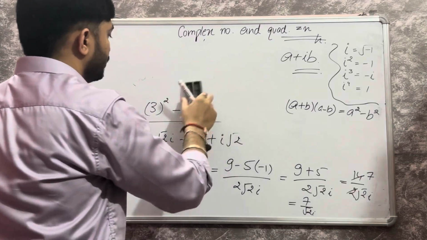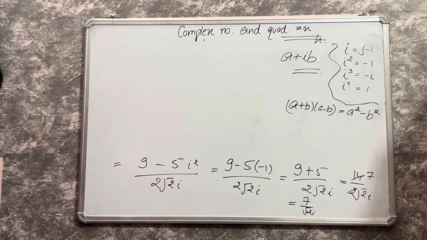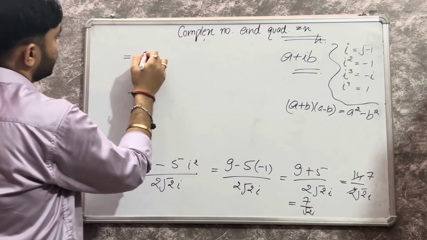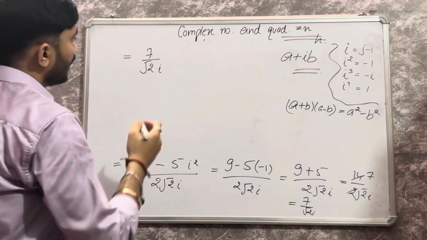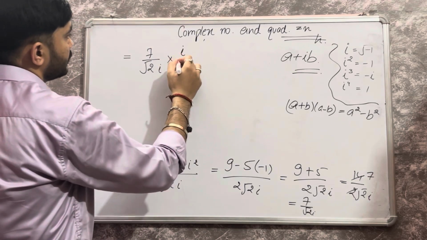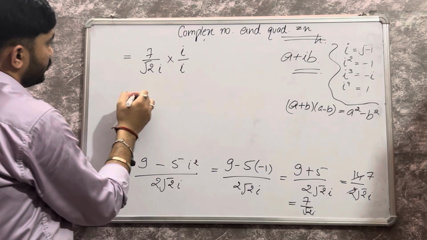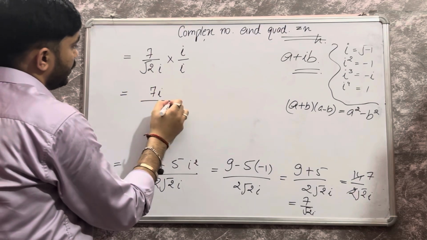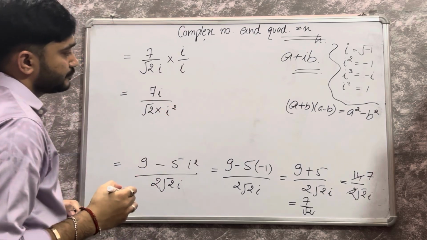But if you want to impress the checker, you have to solve this question further, because never leave iota in the denominator. So we are going to multiply this by iota and divide it also by iota. You will get 7 iota divided by under root 2 into iota square.